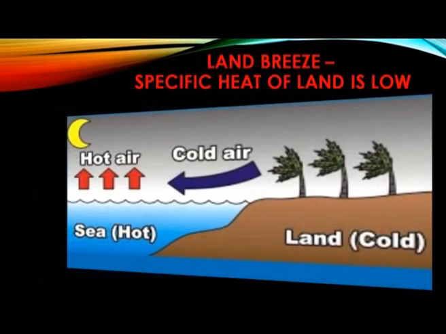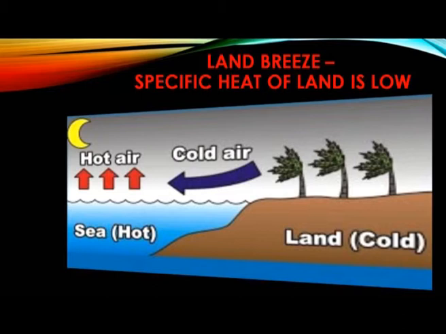The cooler air from the land moves towards the sea as land breeze. We have already learned the sea breeze and land breeze. In the examination they will ask you how you appreciate the role of specific heat of water in stabilizing the atmosphere. Then you have to combine these two applications and write them down.